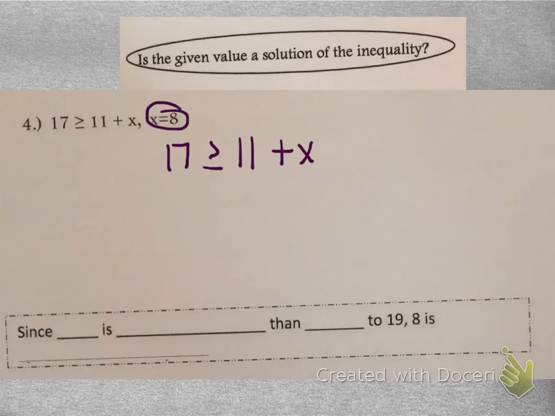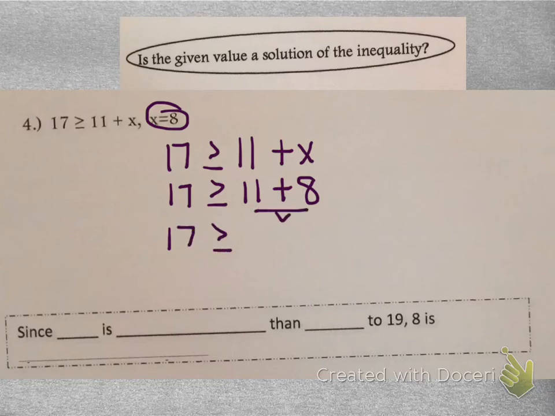So let's do our second step. Our second step says that we are going to take 17 is greater than or equal to 11 plus, and instead of the variable, let's insert the value that they gave us. So then we solve. 17 is greater than or equal to 11 plus 8, which is 19. Is 17 greater than or equal to 19? No, it is less than.